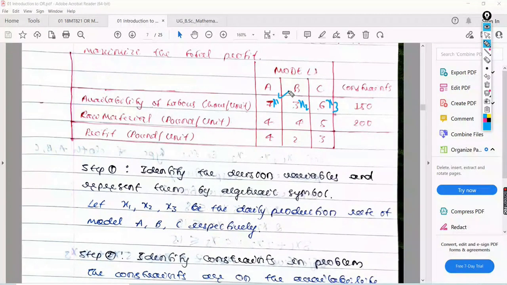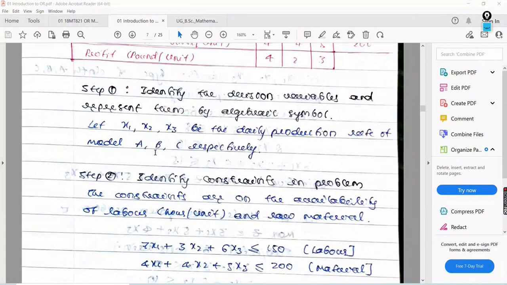These are the variables with respect to the constraints of 150 and 200, because these two are to be used to make production of A, B and C. So we have taken the production itself as the x1, x2, x3 variables, which is the identification of the decision variables.